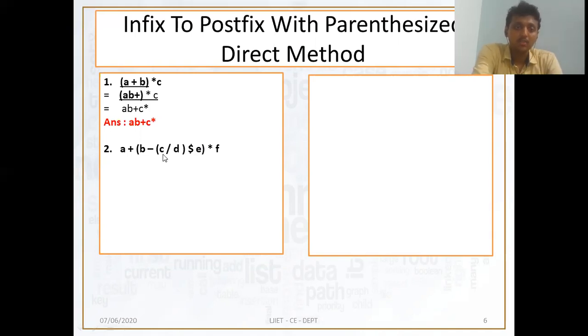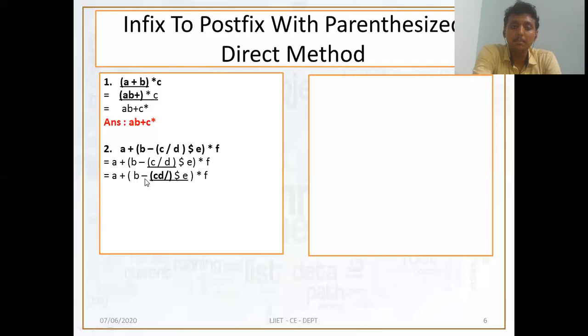Okay, now what is the inner bracket? c division d. So we need to solve c division d: combine c and d, put the division sign after d, it will become cd division. Now see the brackets, what happened? Inside the bracket we have b minus cd division dollar e.